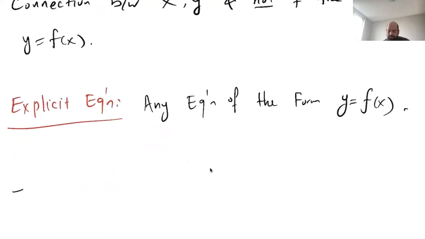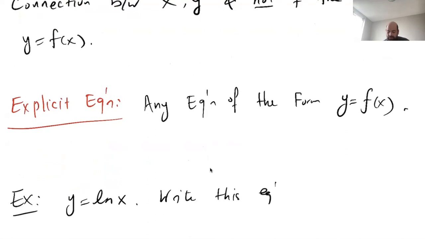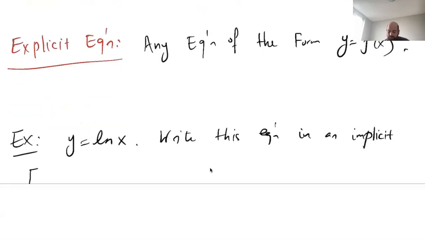Okay, so let's look at an example. Let's say y equals ln x. Write this equation in an implicit form. So y equals ln x gives a connection between x and y. But is this connection written in an implicit form or an explicit form?